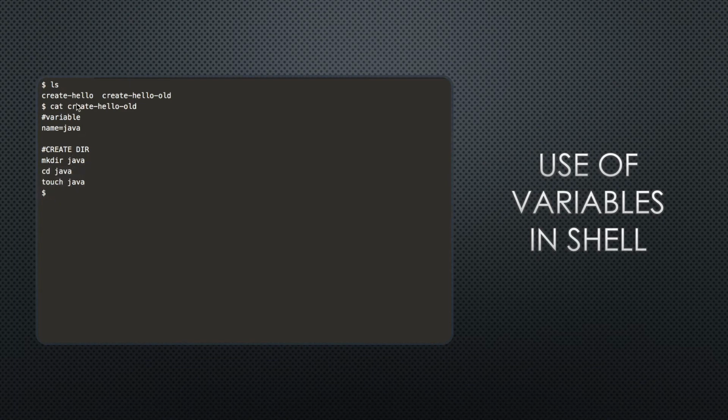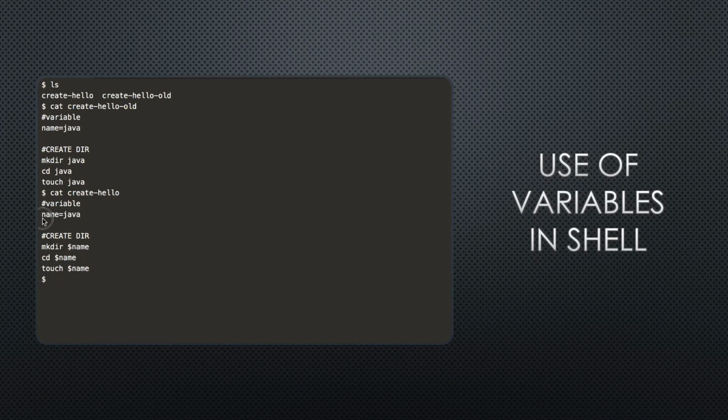Now suppose there is a scenario where I have to modify these Java names to some other name, Python. Then I'll have to open this shell script and modify here and modify here. Instead of that, I can define a variable like this, name equal to Java, and mkdir $name, cd $name, touch $name.